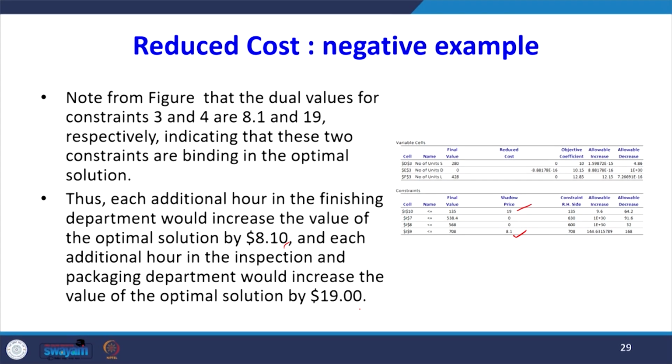Because the shadow price is 19, if the right hand side increases by 1 unit, our objective function will increase by $19. Similarly for the other, because these two constraints are binding, while the other two constraints are non-binding, so adding any resources will not help you.